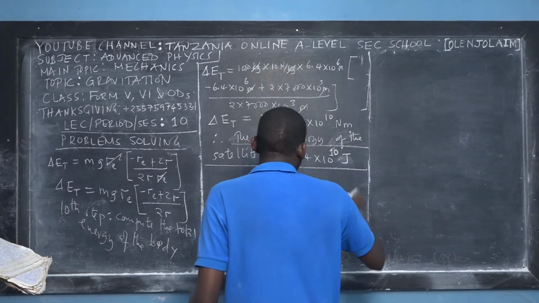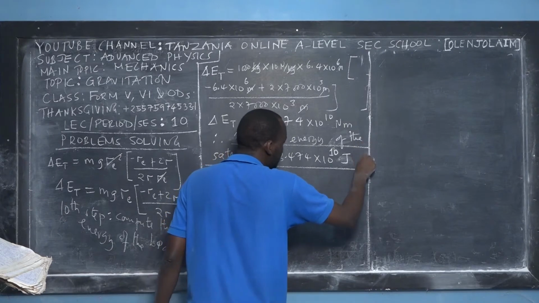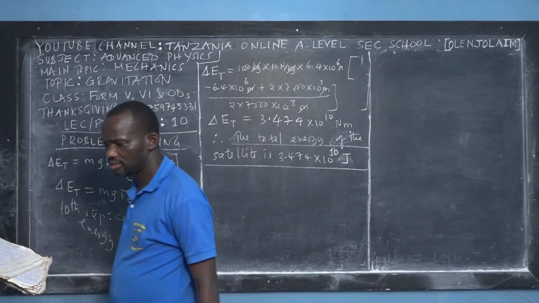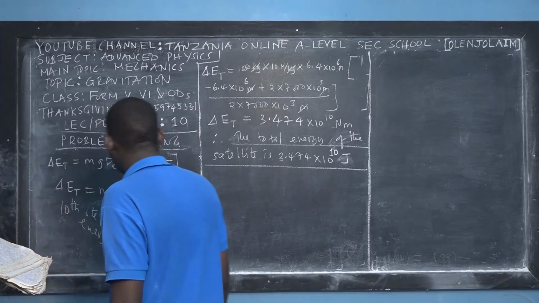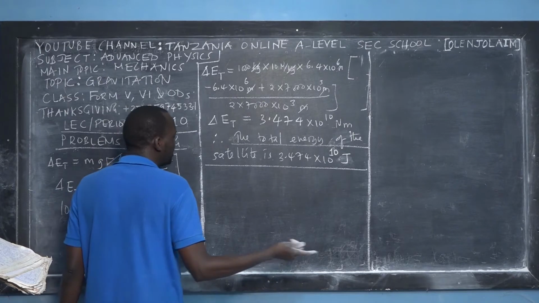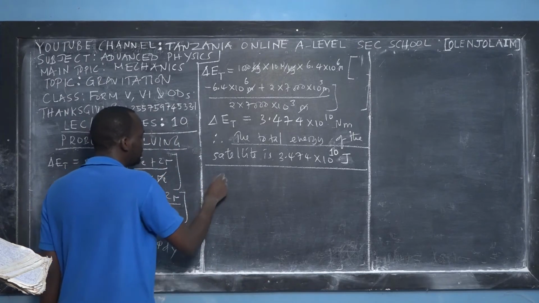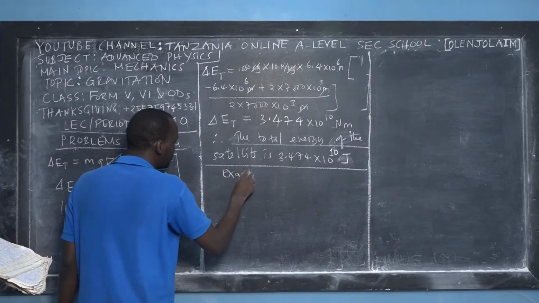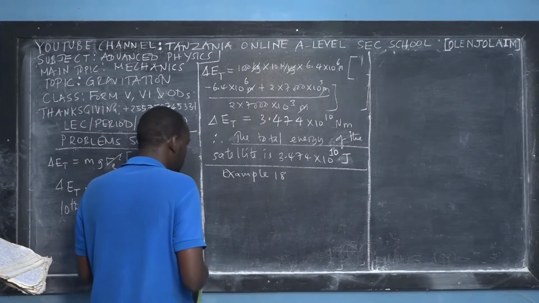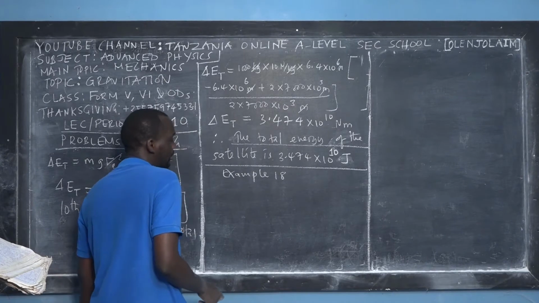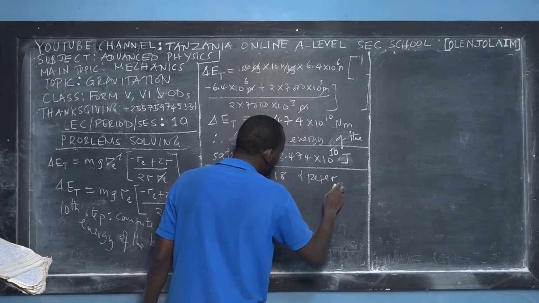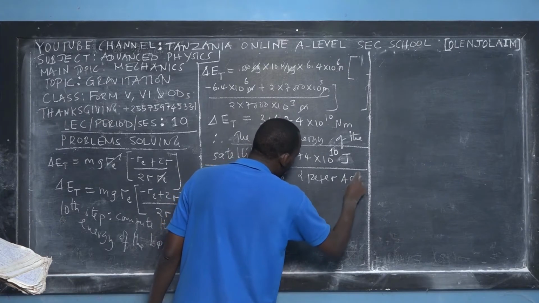So this will be example what? This was example 19? 17. Was it 18? Yes, 17. So this is example 18. If I confuse the numbering, you can correct me. Don't worry about that. So example 18, we refer to the Advanced Certificate of Secondary Education.